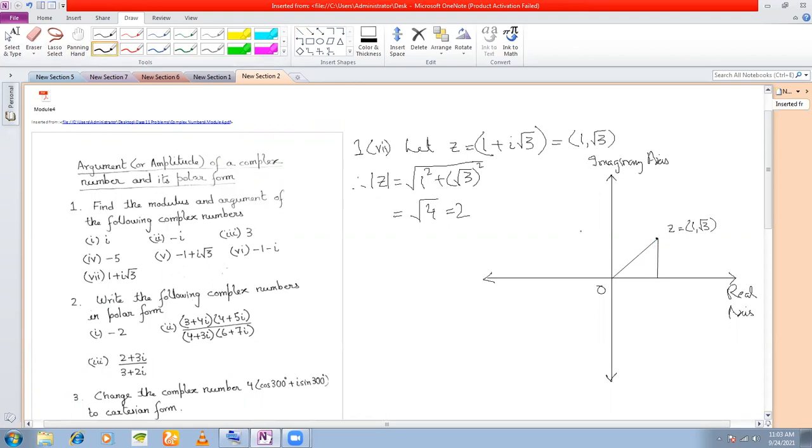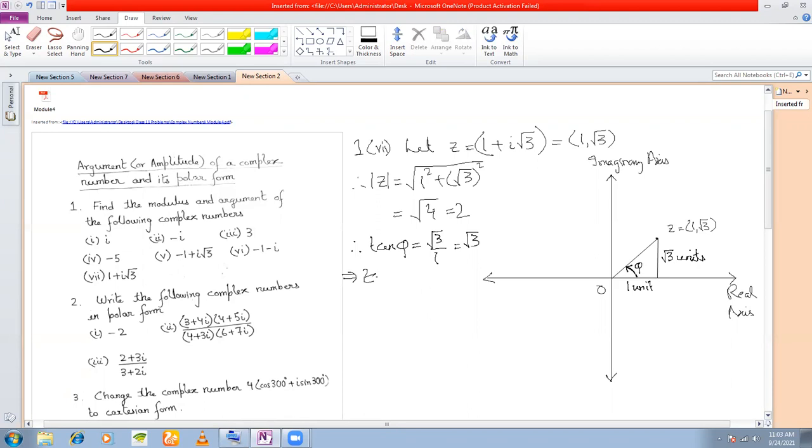In this case, your argument starts with the real axis in this direction, because we are talking about the first and second quadrant. Therefore, if this angle is phi, my argument will be equal to this angle phi. So let's first find this angle here. This is 1 unit, and this is root 3 units. So tan phi is equal to root 3 by 1, which is equal to root 3.